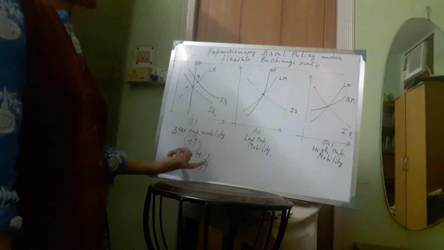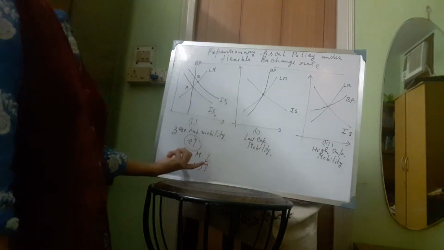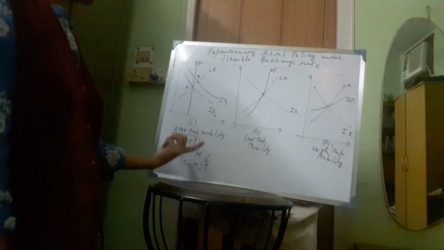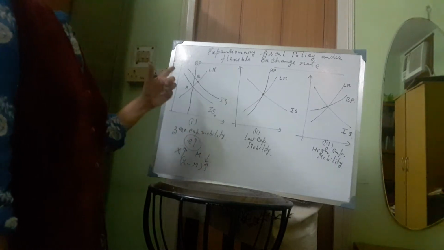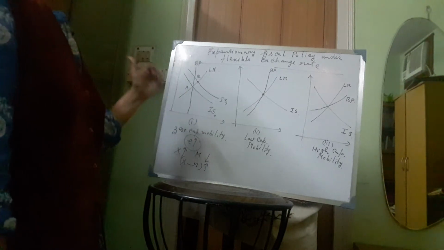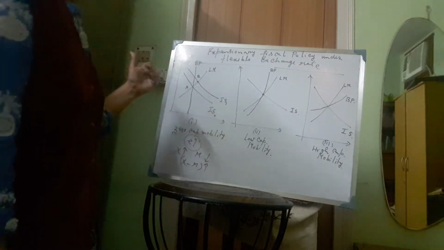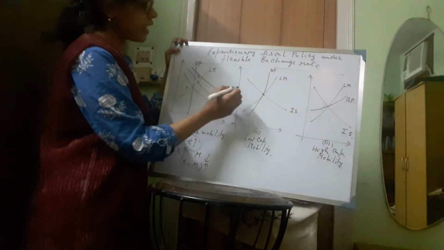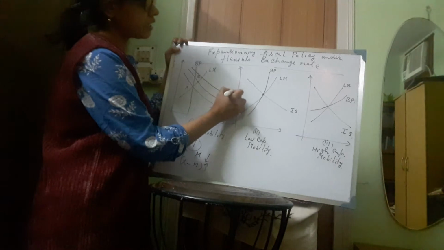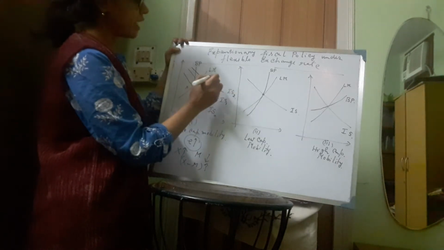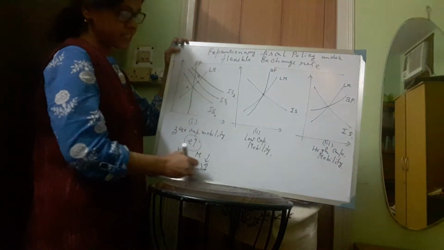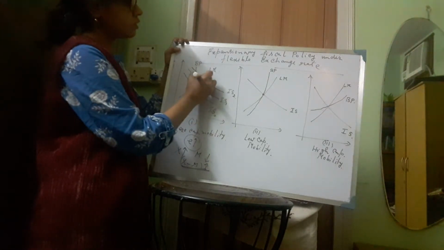Now because of the improvement in net export, the IS curve will shift further to the right, and the BP curve will also shift to the right. So both IS and BP will shift to the right. There will be a further shift of the IS curve from IS1 to IS2, and at the same time the BP schedule will also shift because X minus M is now improving.